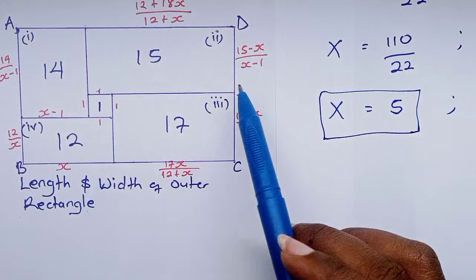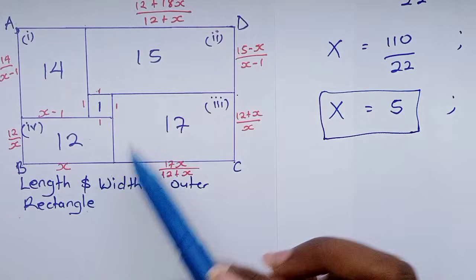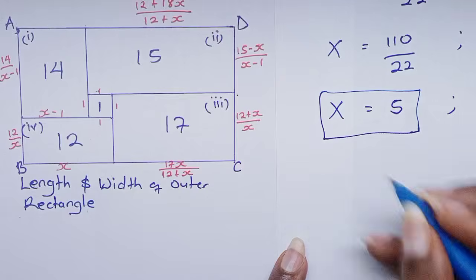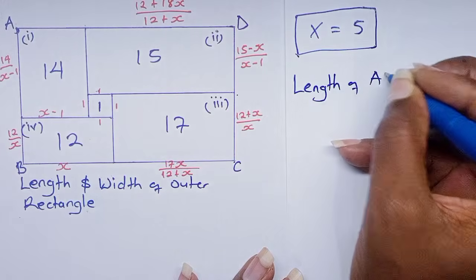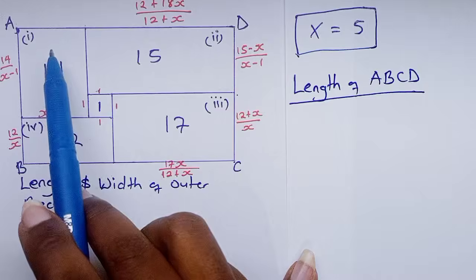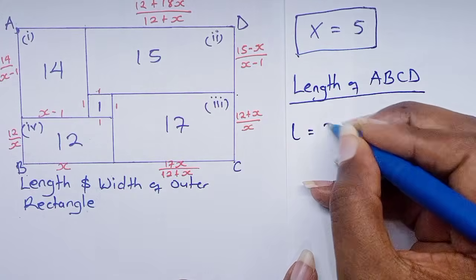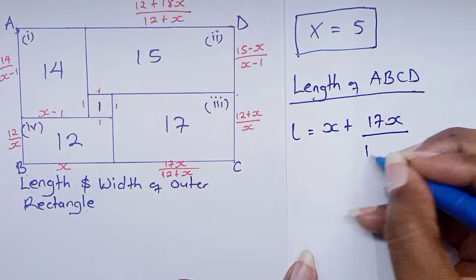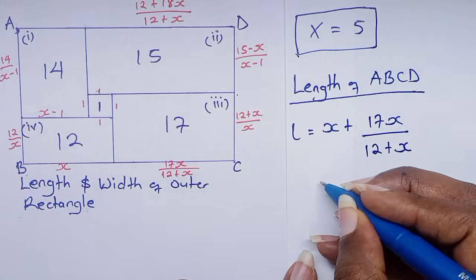Now that we have got the value of x, the next thing is just to replace x in this, because we have to find the length and width of ABCD. So first let's start with length. The length of rectangle ABCD will be equal to BC, which is x plus 17x over 12 plus x, and we've got our x as 5, so we just replace.